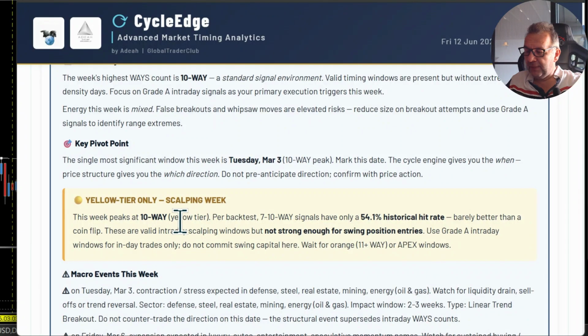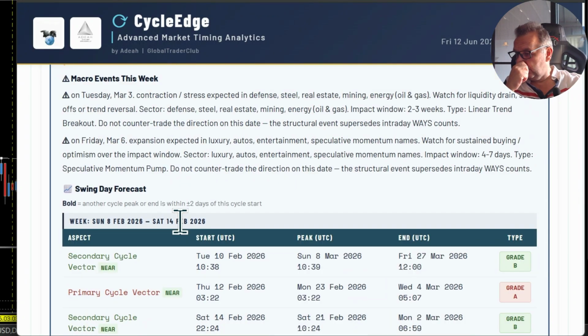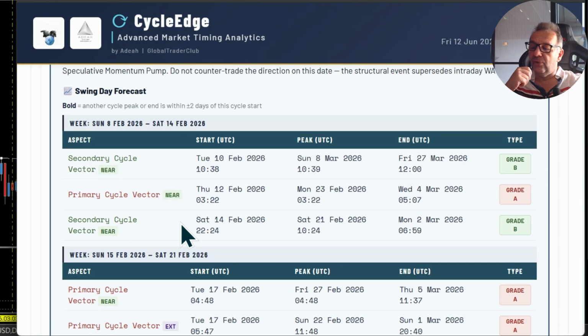What else? Now here the important thing is swing day forecast. This is the best. It is short to medium term. This is perfect for my style of trading because it's not taking all the weeks and weeks and weeks and months of cycles into account.